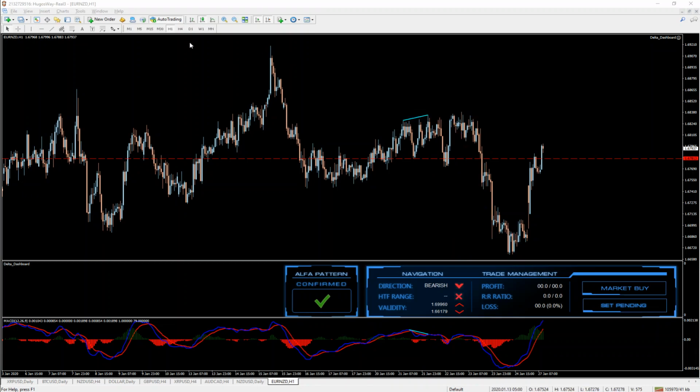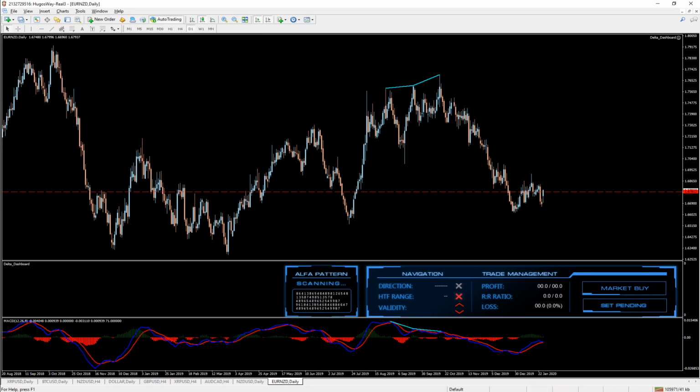On the daily chart, which is the more important in my opinion, what we can see here is that we got the bearish delta pattern right here, with hidden divergences from that high, or from the swing high. It doesn't really matter, it still gives us hidden divergence, which means bearish pressure.